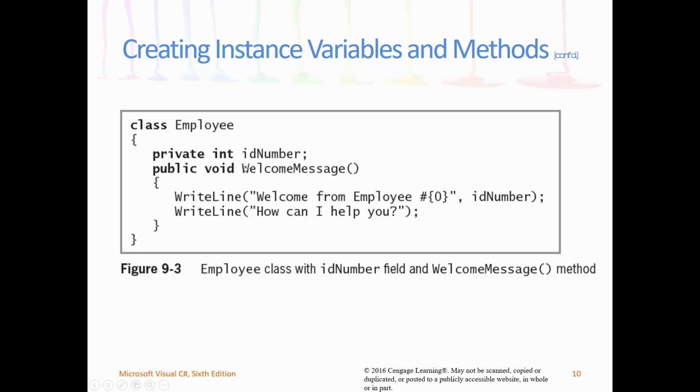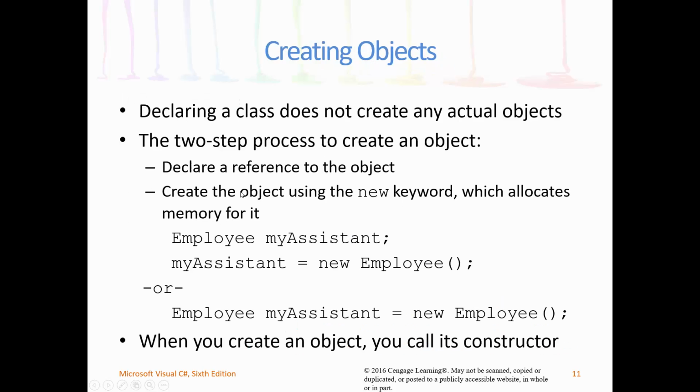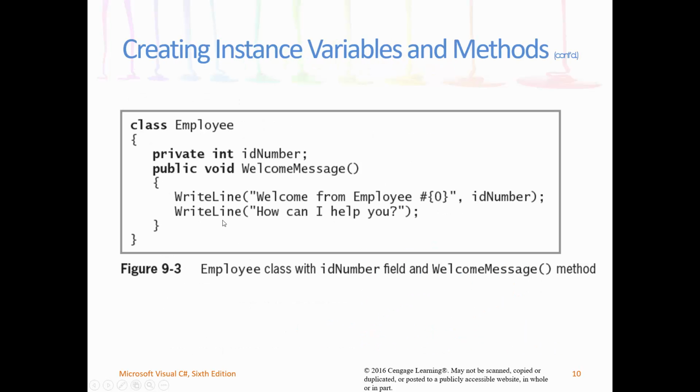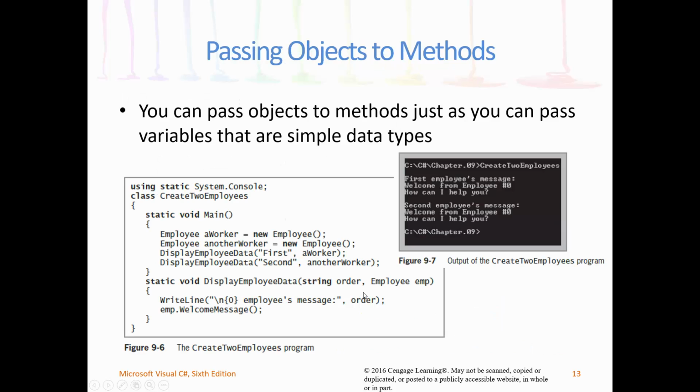It can call that from here, and that's what happens. So it's going to say welcome from employee, and even though we haven't initialized that, it'll automatically get initialized to the number 0. So it says there, welcome from employee 0, can I help you? All right.